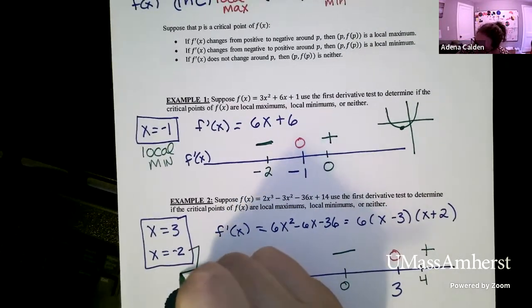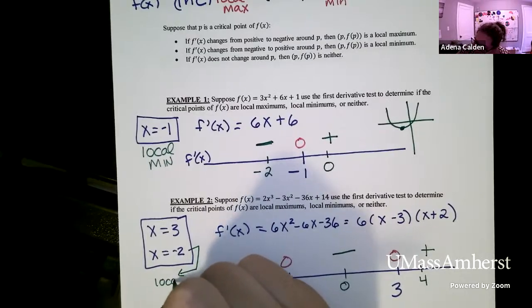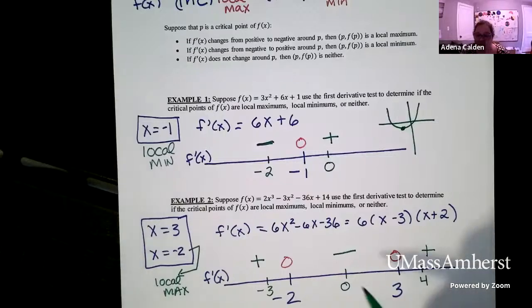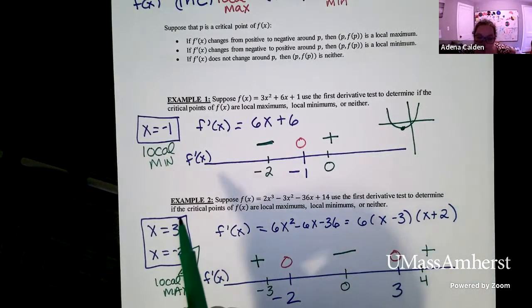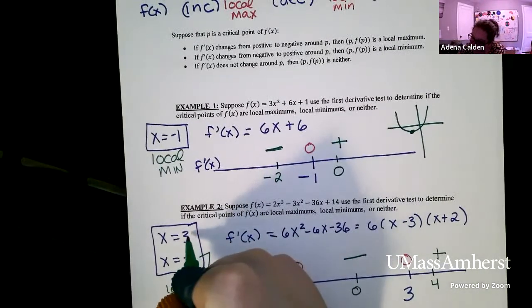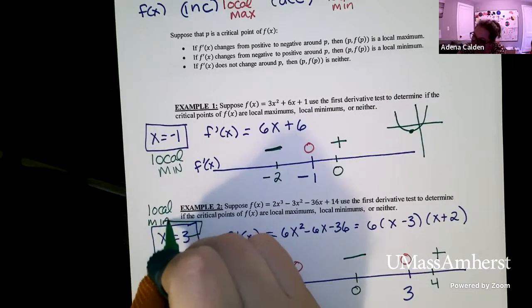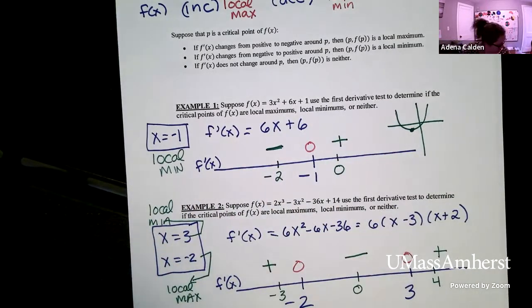So we'll just draw a little arrow here. This is a local max. And then over here, if we go from negative to positive, that's going to make 3 a local min. Okay, and again, that agrees with the work that we were doing last time.